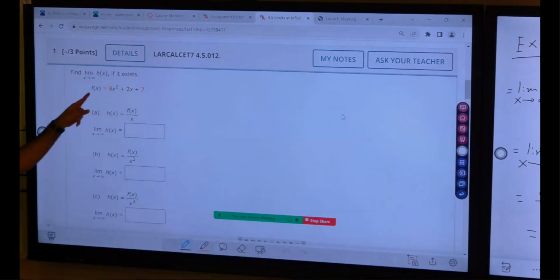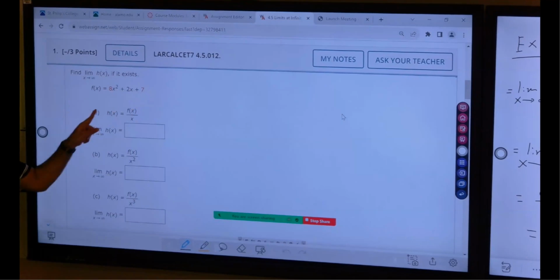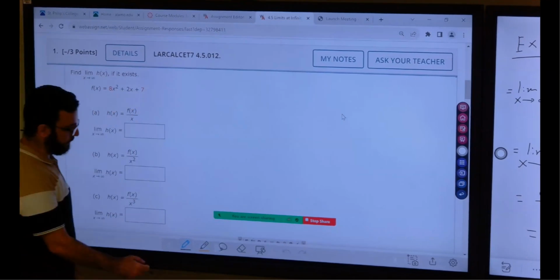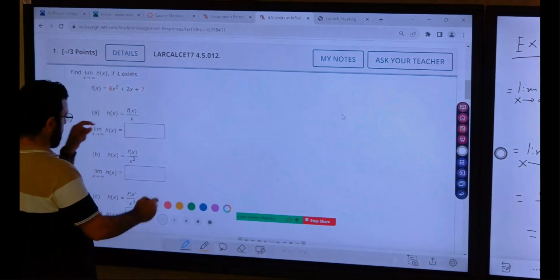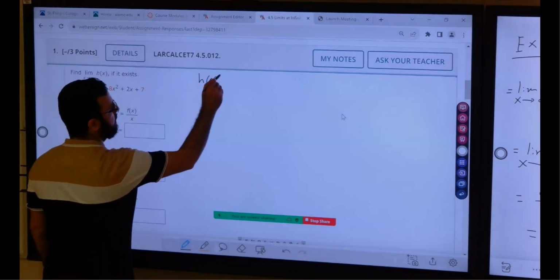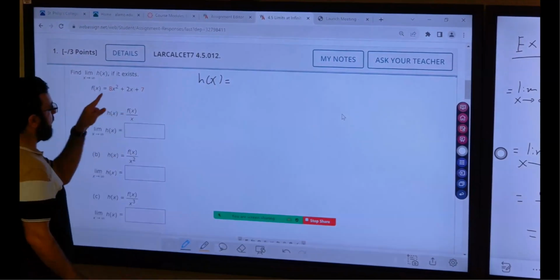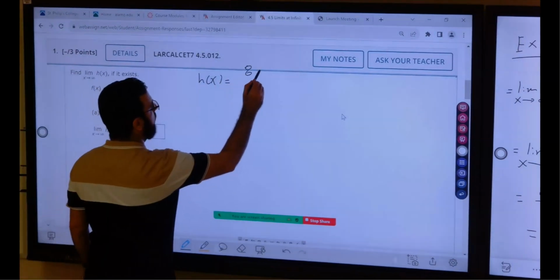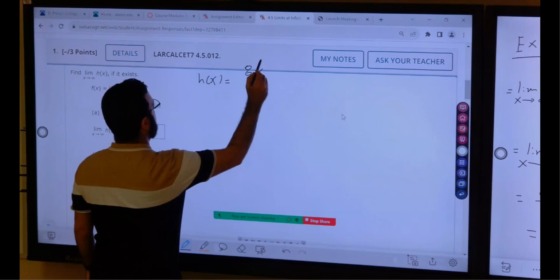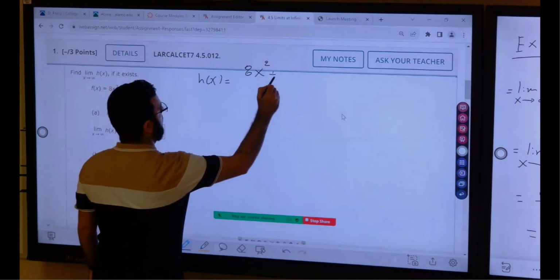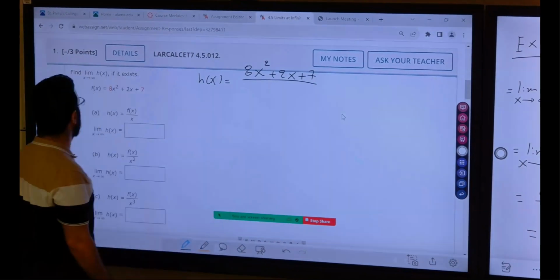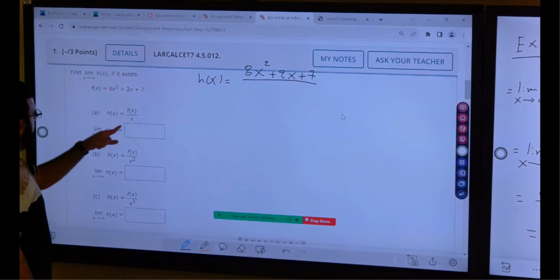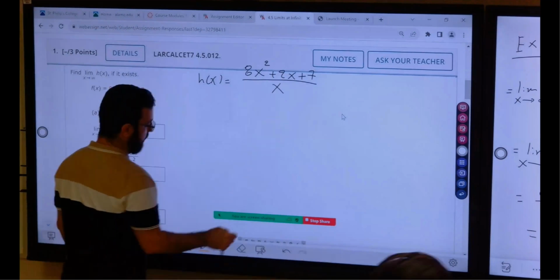They're telling you here's f of x, and now h of x equals what? So h of x equals f of x, which is 8x squared plus 2x plus 7 over what? But be careful, they're telling you here.